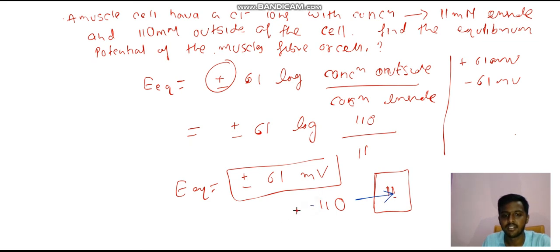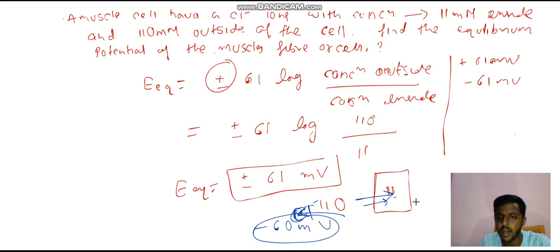So these are potassium ions, chloride ions. Okay, so we will see that the charge moving inside will make it negative, more negative. So the potential will be minus 60 millivolt.